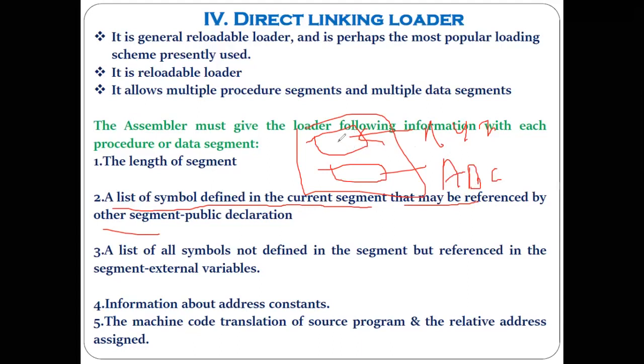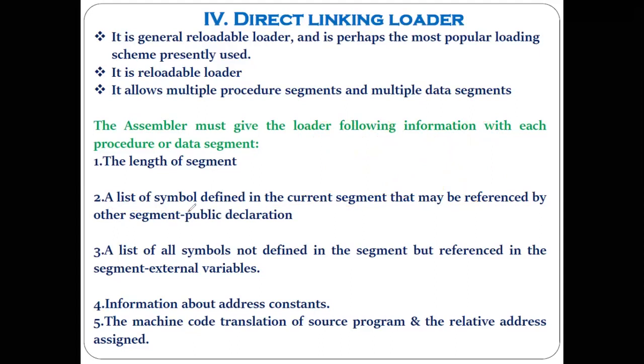If you declare the variable a here, this variable can be utilized in the function abc, but by defining it as an external variable. So this is the second information. When we declare some variable in one particular function, that particular variable is considered as a public declaration.